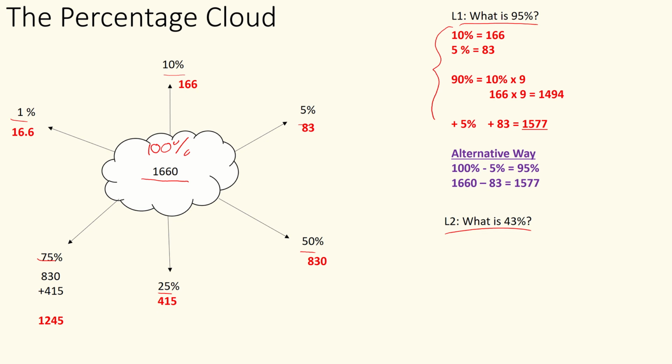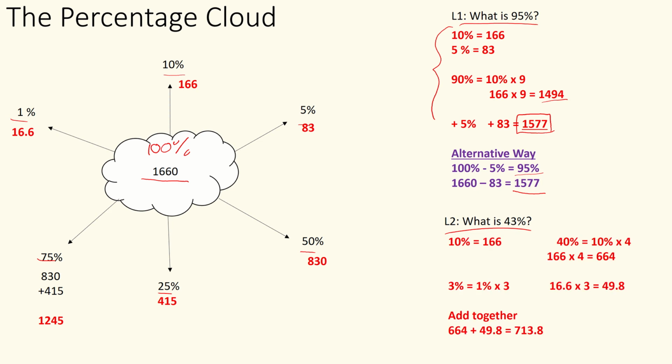Well, you could have added it 9 times to give you 1,494, and then we added a 5% on. So 95% is 1,577. That's a really hard one actually that I've given you. The alternative way to do it is to just take 5% away from 100 to give you 95. That's a much easier way of doing it. So 1,577. That's actually quite cruel of me, I think, for level 1.